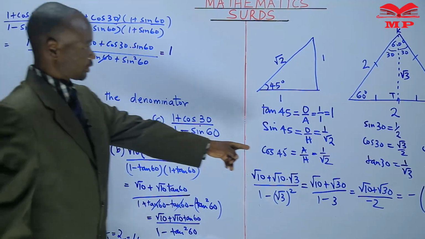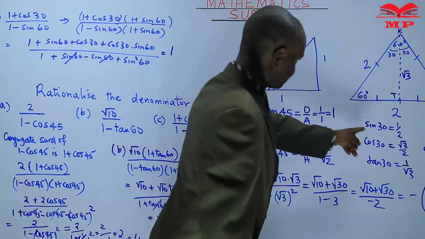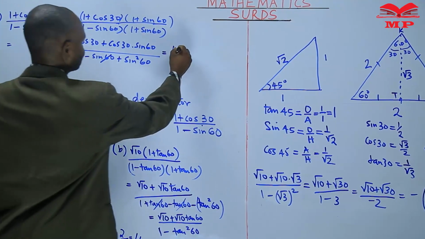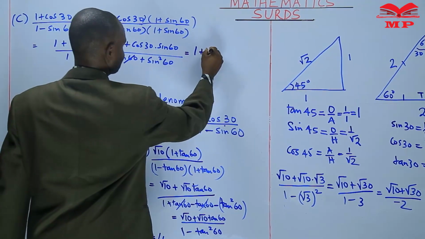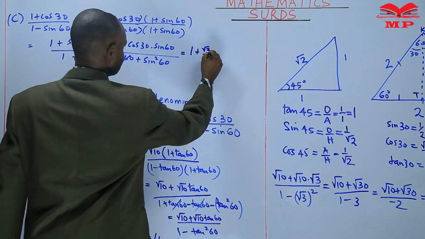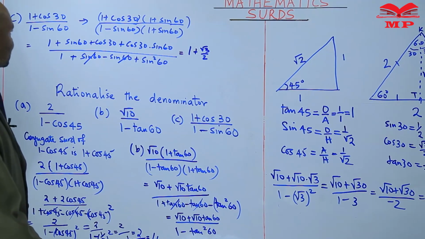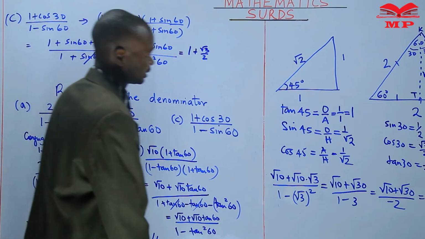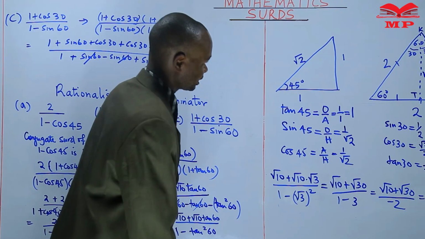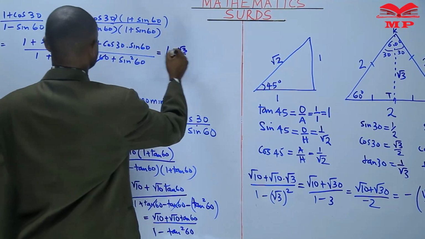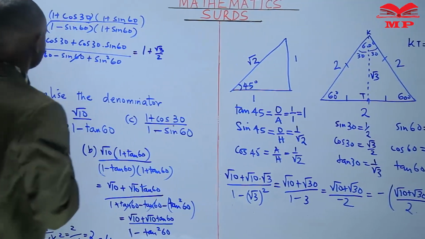The sine of 60 is what? Square root of 3 over 2 plus square root of 3 over 2. The cosine of 30 is the same as the sine of 60.